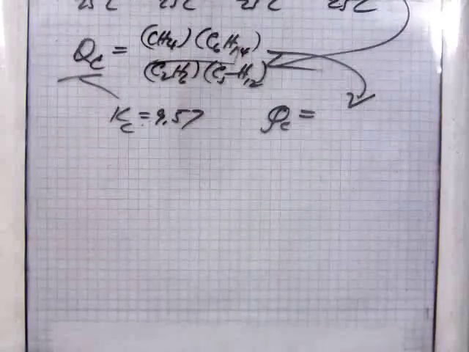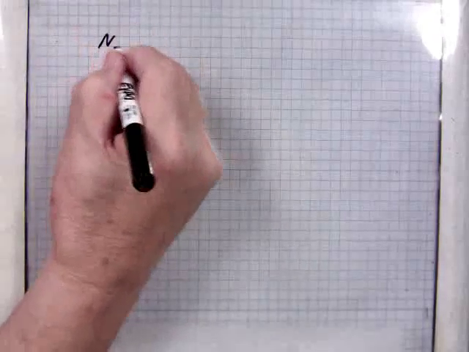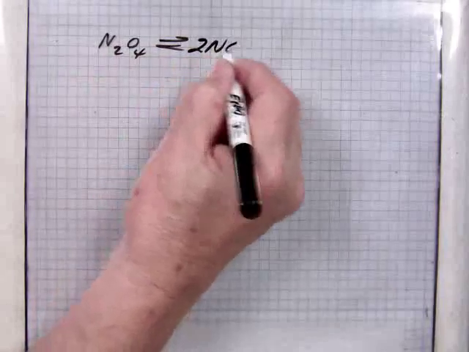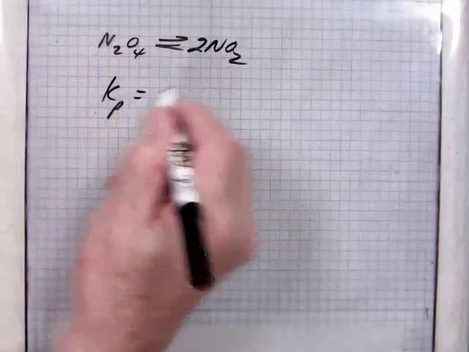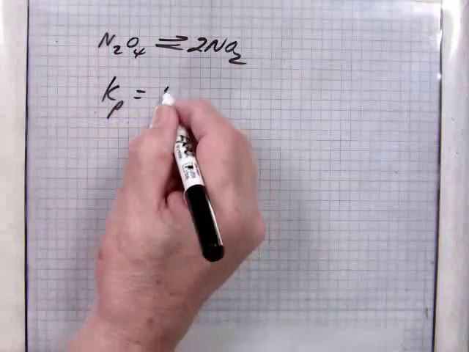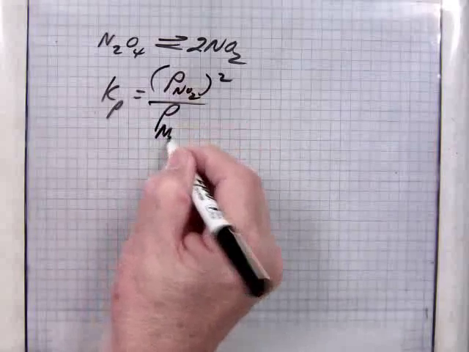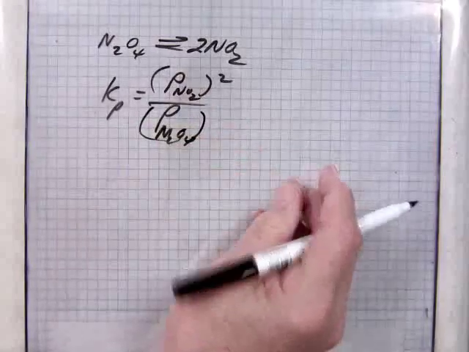For 30, look at it as a partial pressure problem, and you set it up just like you'd set up a concentration problem. But one of the components in the equilibrium expression is left out, so that's the one you're trying to solve for. If you're given N2O4 and 2NO2, the Kp expression is the partial pressure of NO2 squared over the partial pressure of N2O4 to the first power.